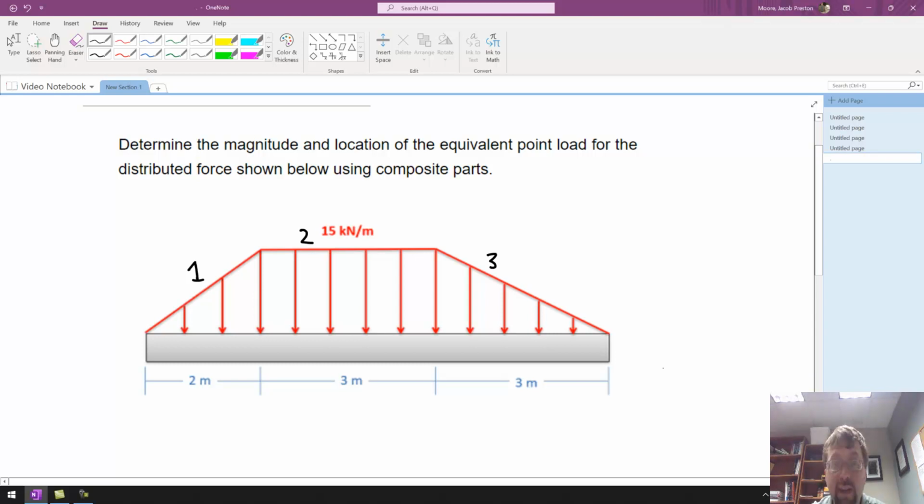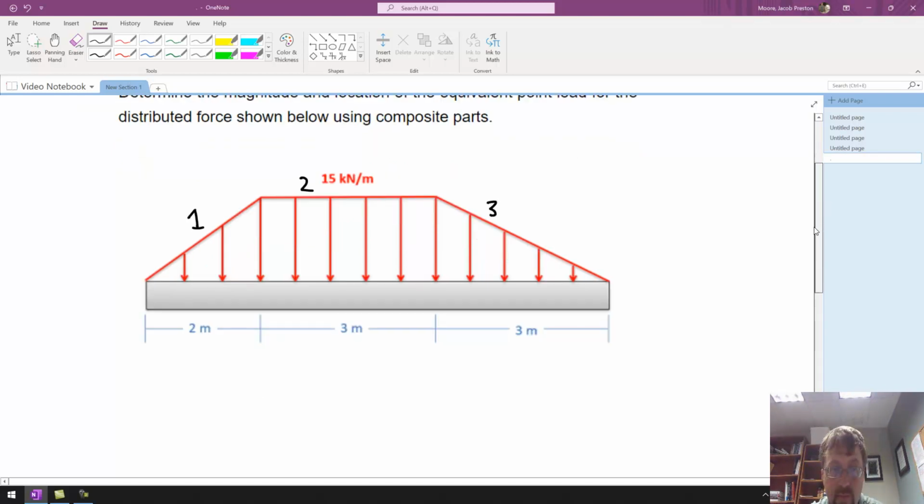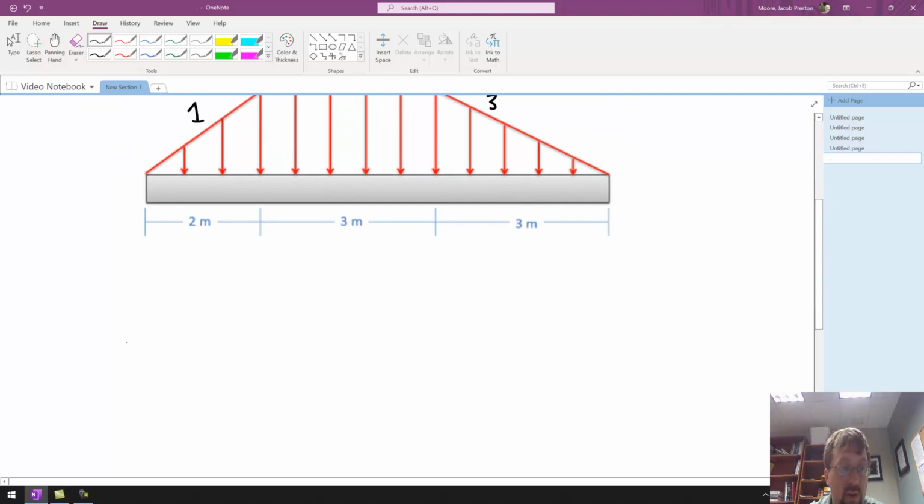For each of those pieces, I'm going to need to know the area, and I'm also going to find the centroid of the overall shape in order to find the location of the equivalent point load. So first, I'll put together my table of values for the centroid location, with shape 1, shape 2, shape 3.